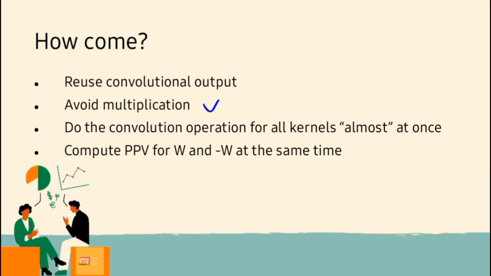The third one is to do the convolution operation for all kernels almost at once. So MiniRocket will do the convolution operation per dilation. So they will use the kernels with dilation 1 first, and then move on to all kernels with dilation 2, and so on.